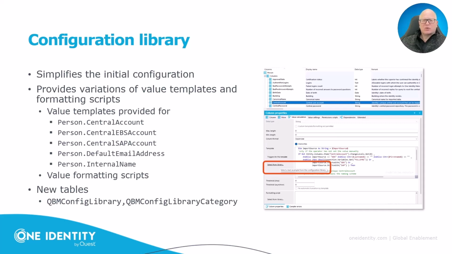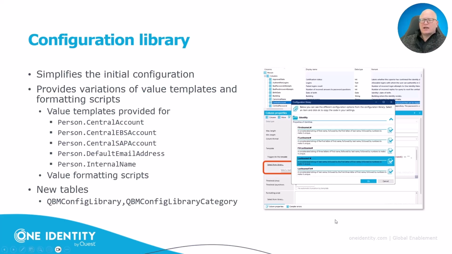Therefore exists, by the way, a new table that is called QBMConfigLibrary and QBMConfigLibraryCategory. And this new table allows now templating for a lot of these code segment parts. And you will find in the future much more of these fast configuration switches which allow you to choose from a template. The whole thing, if you are interested, looks then a little bit like you can see it here on the right-hand side.